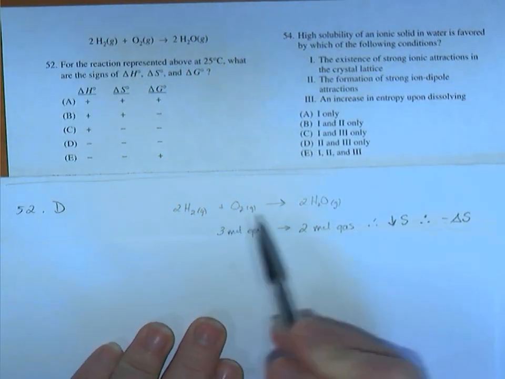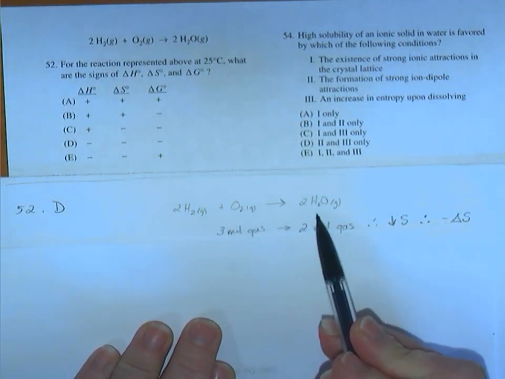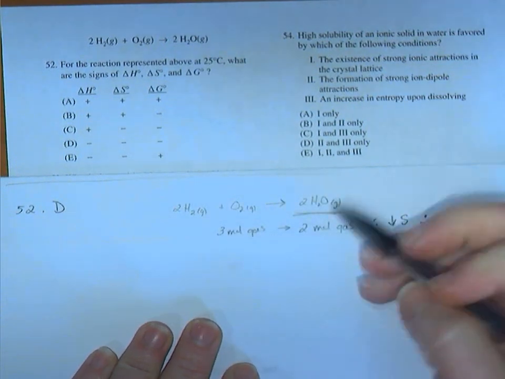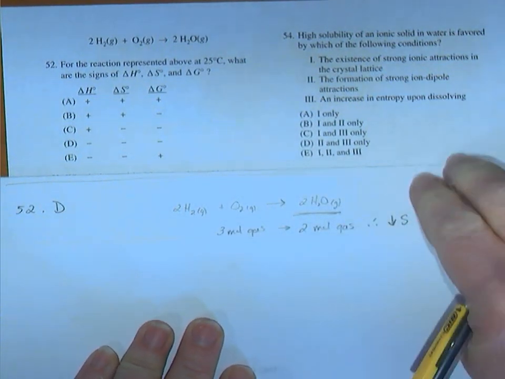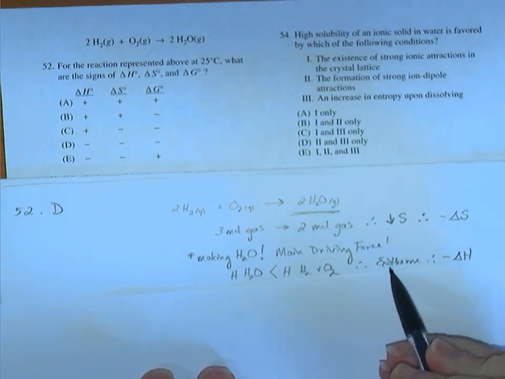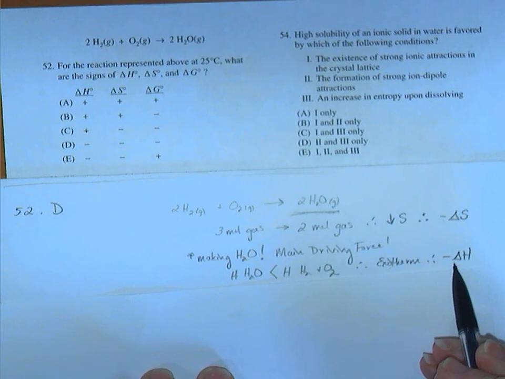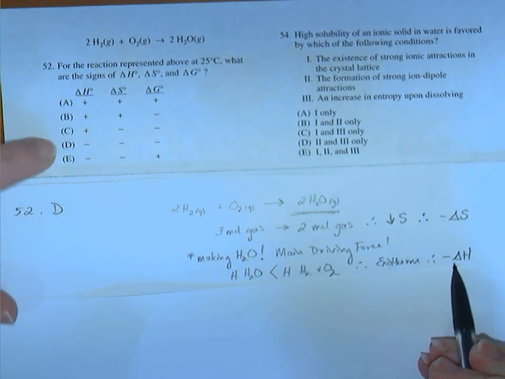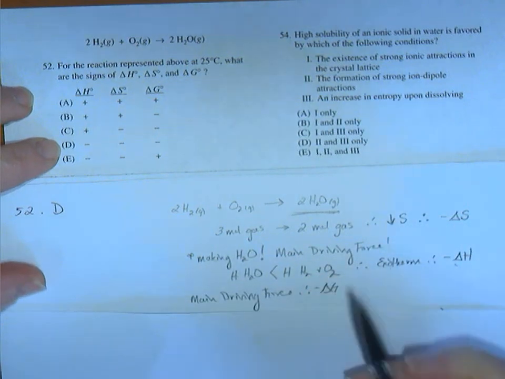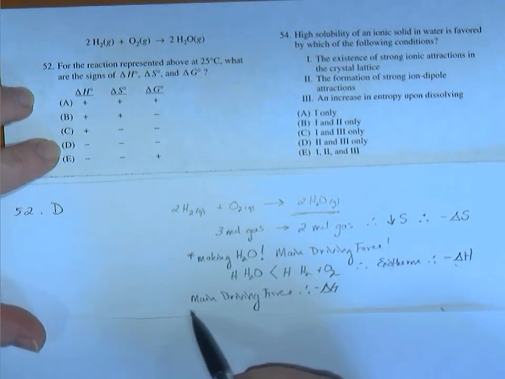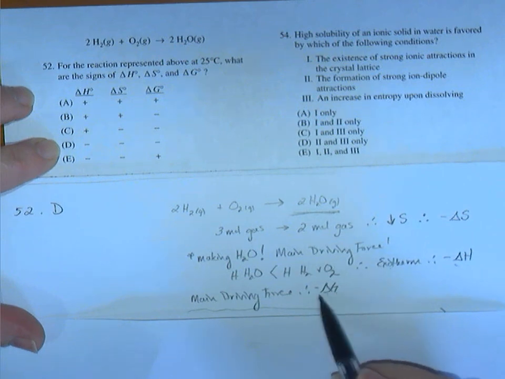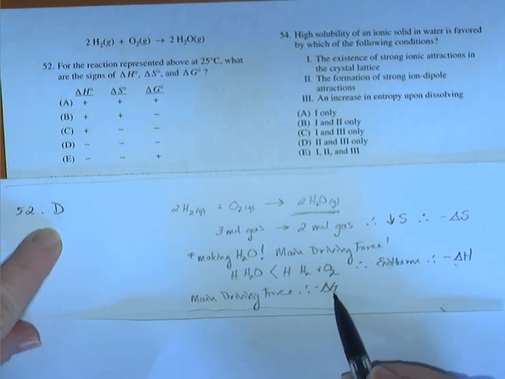Now what am I doing here? I am satisfying one of the main driving forces. We are making water. That is very, very low in energy and enthalpy. So we know it's going to be exothermic, so our delta H is negative. That definitely leads us to D. And we know it is a driving force. When we have a driving force, it's going to be spontaneous, so that means delta G is negative. So D would be the best choice.